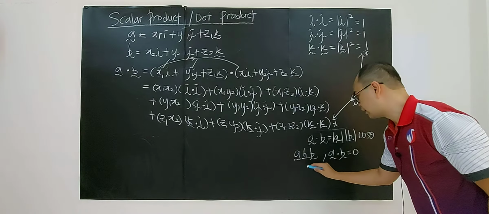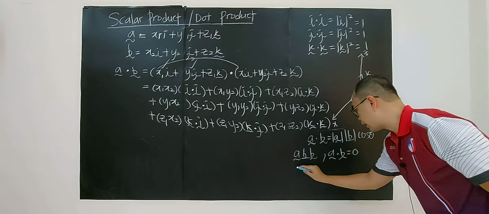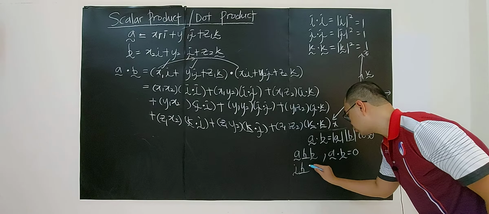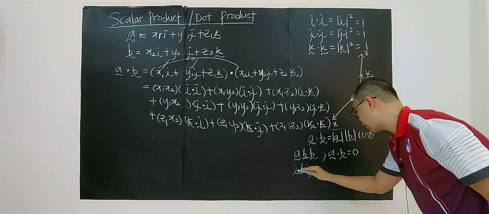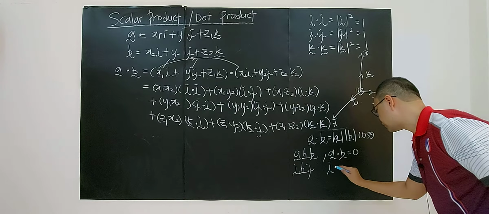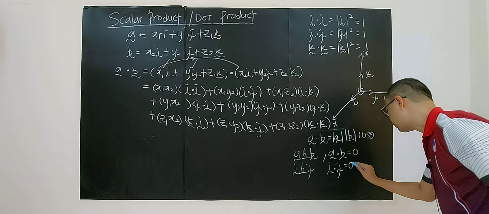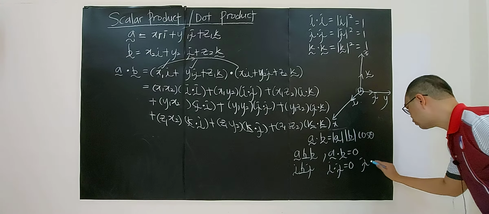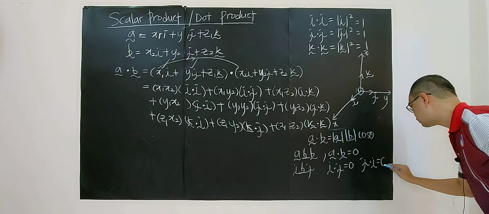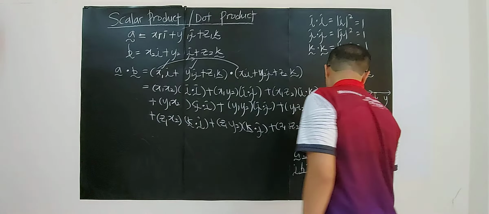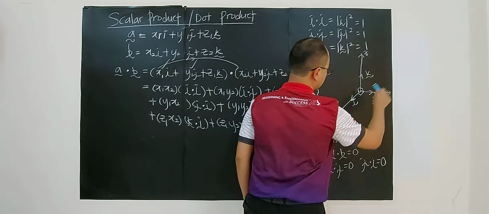So what I can conclude is that i is perpendicular to j. When I say i dot j, it will give you 0, or j dot i, they will also give you 0, because j and i are perpendicular to each other.